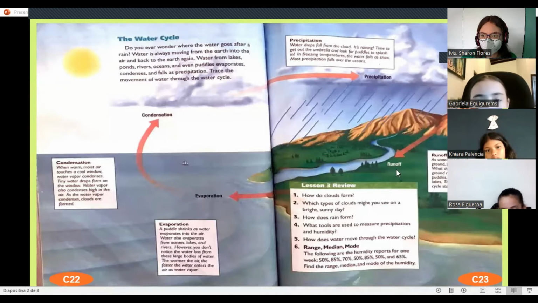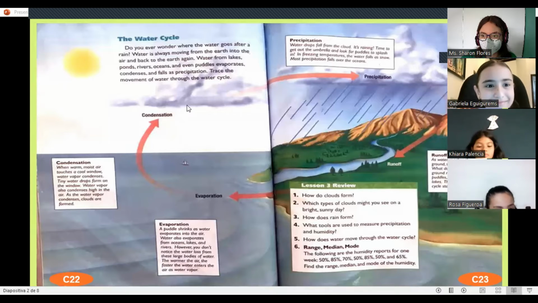I cannot see you, so I'm not sure if you are seeing the presentation. But you see the picture of C22? Yeah. We're going to start with that. Let's give some chance to the computer, and then let's see what happens.